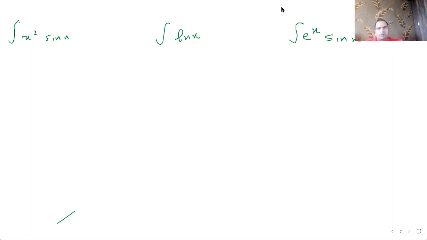I'll just rewrite the formula that we have, which is integration of uv dash is uv minus integration of vu dash dx. So uv minus integration of vu dash dx. Out of this x squared sine x, if I isolate, algebraic comes first and trig is later on.